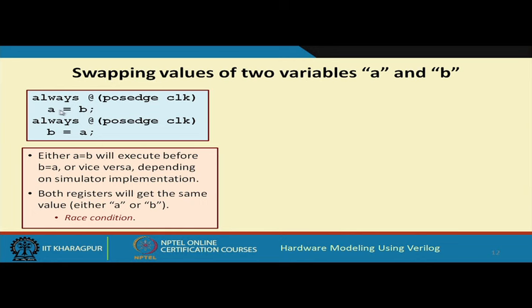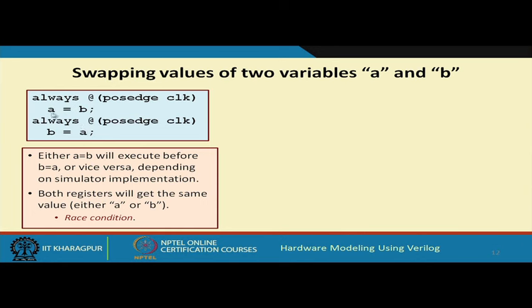So, if A equal to B is done first, then B will be going to A and that value of B will again be copied to B. So, both A and B will be getting the value of B that was there. But if this statement executes first, then the value of A gets copied to B and that same value remains in A. So, both the registers will finally get the same value, but it can be either A or B, you do not know.